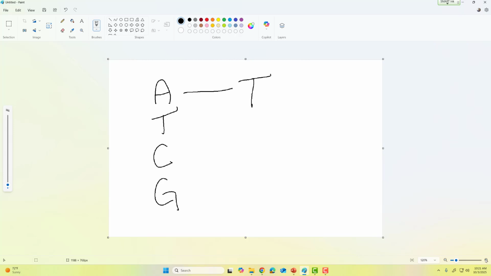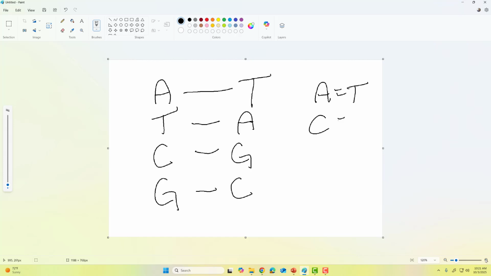So if I have a T on this side, I always have to have an A on the other side. And if I have a C on one side, I have to have a G on the other side. And vice versa, if I have a G over here, I have a C over here. So A is always complementary to T, and C is always complementary to G in whichever side of the chain they occur on.